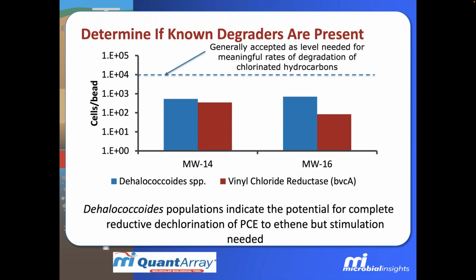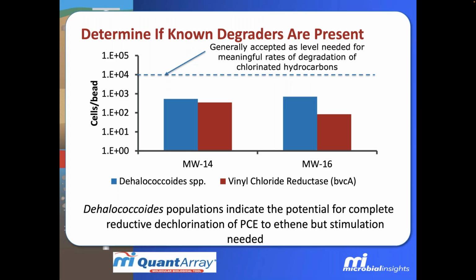This is just a site where PCE is undergoing reductive dechlorination, and we've just got 2 biotraps in the plume area. What you can see here is we have Dehalococcoides concentrations of about 10 to the third. We also are picking up vinyl chloride reductase, which, if you're not familiar with that, is one of the enzymes involved in the last step of the reductive dechlorination process.